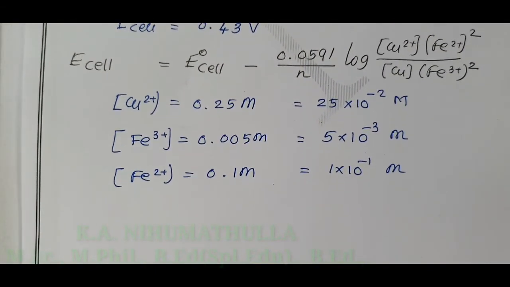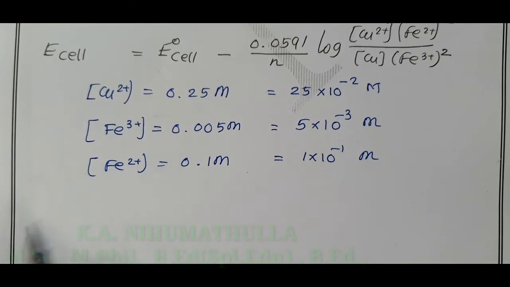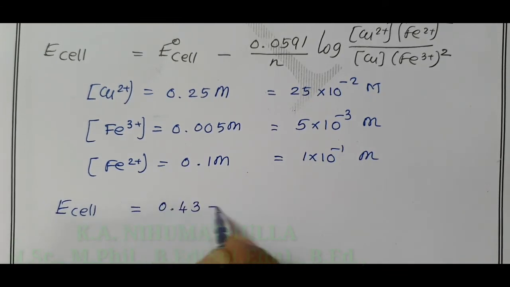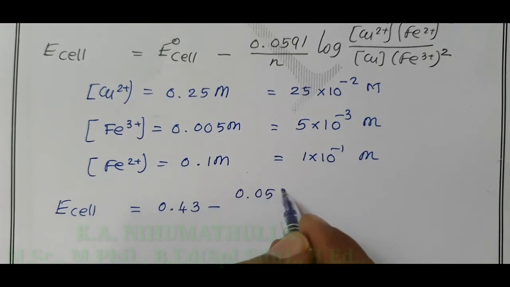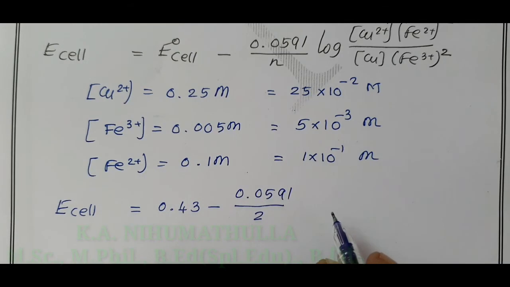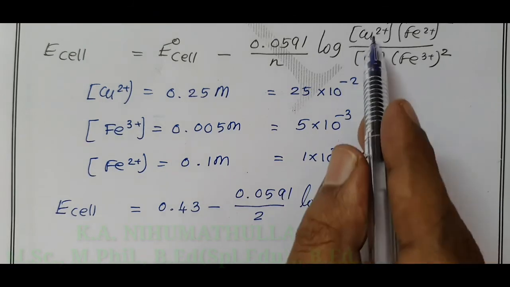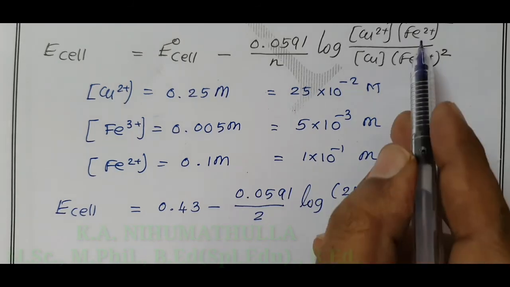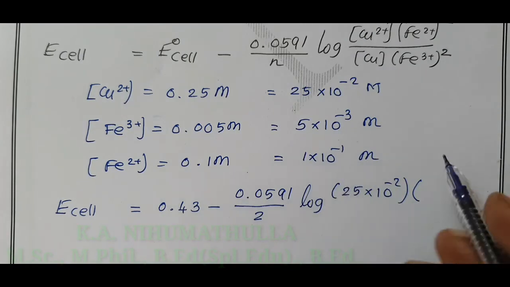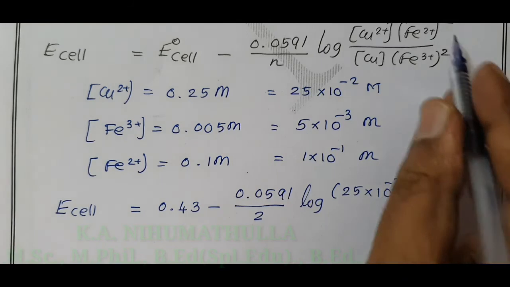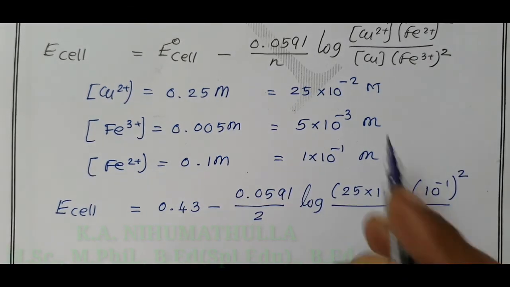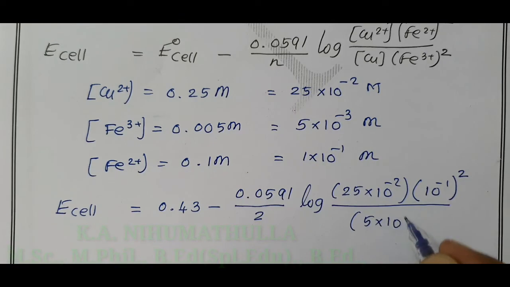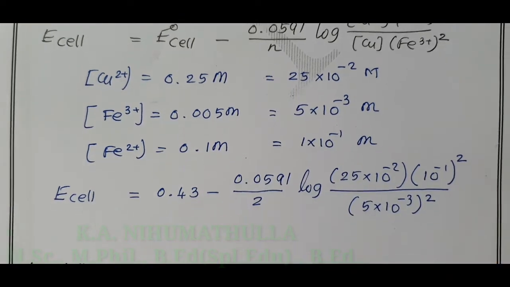Therefore, substitute all the values. E cell is equal to E0 cell, 0.43, minus 0.0591 divided by the number of electrons involved, 2, times log of the Cu2+ concentration, 25 into 10 power minus 2, into the Fe2+ concentration, 10 power minus 1, squared, divided by the copper concentration, 1, times the Fe3+ concentration, 5 into 10 power minus 3, squared.